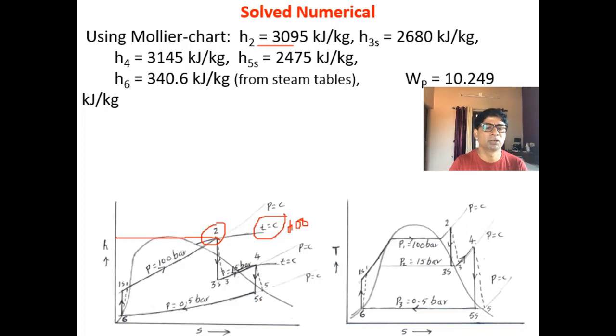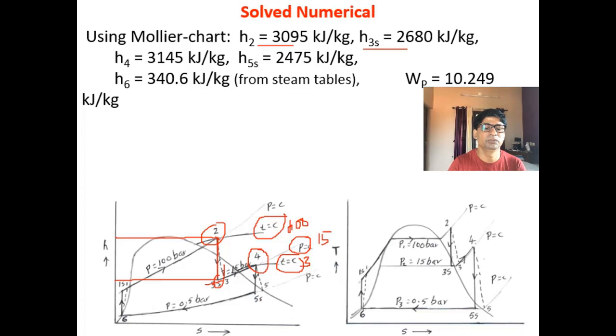Now come vertically downwards till it intersects the 15 bar line. This is the 15 bar line, after the 100 bar. So 3s, you can look at the point 3s. Note down the enthalpy at this point as well. That is H3s. And H4 is 15 bar and 350 degrees Celsius. If I am remembering correctly, I think it is 350 degrees Celsius.